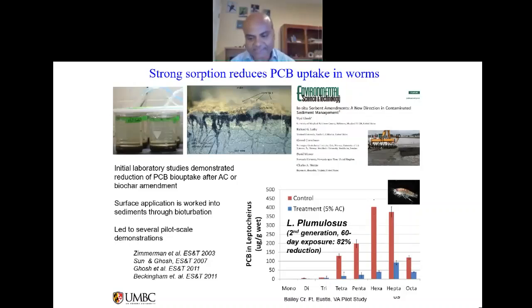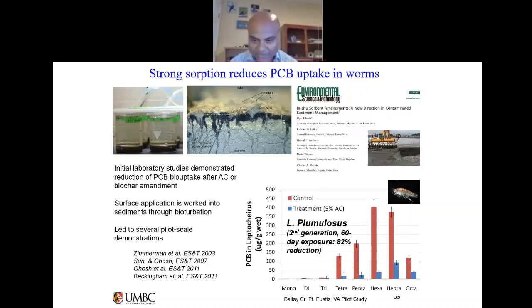So the figure there shows PCBs in the organism tissue. The red bars represent the concentration that is taken up in the tissue by these organisms for the different PCB homologs. So homologs are the different chlorination levels of the PCBs.